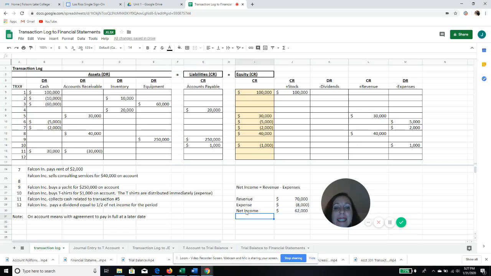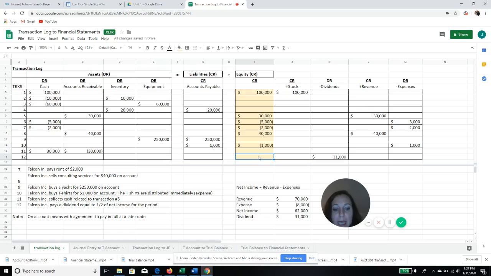We are paying a dividend of 1/2 of net income. So our dividend is going to be net income divided by 2. And that's going to be $31,000. Okay, so now to book that, we're going to increase dividends by $31,000. Dividends decrease equity.